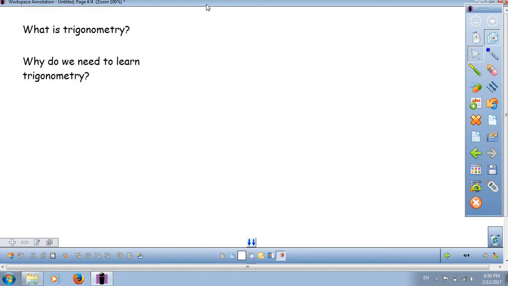Trigonometry can be considered an extension of geometry, but it also has a lot to do with whole new fields and things that we have never learned before in geometry. It's definitely necessary if you're considering any kind of STEM major in college: science, technology, engineering, mathematics. You have to learn trigonometry.